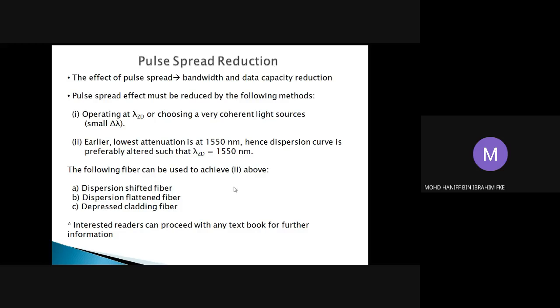These special optical fibers can be used to achieve this idea, which is to shift lambda ZD to 1550 nanometer: a dispersion shifted fiber, a dispersion flattened fiber, or a dispersion compensating cladding fiber. So these are special fibers that can be used to realize this idea of shifting the value of the zero dispersion wavelength.